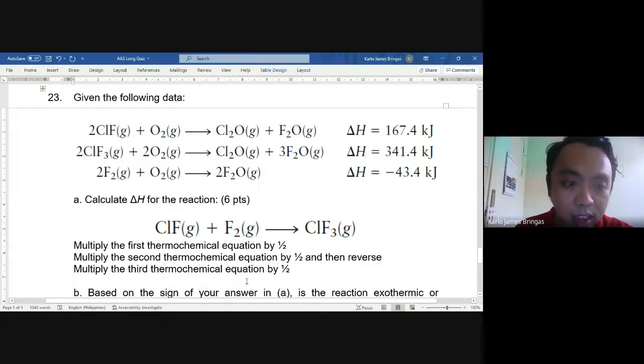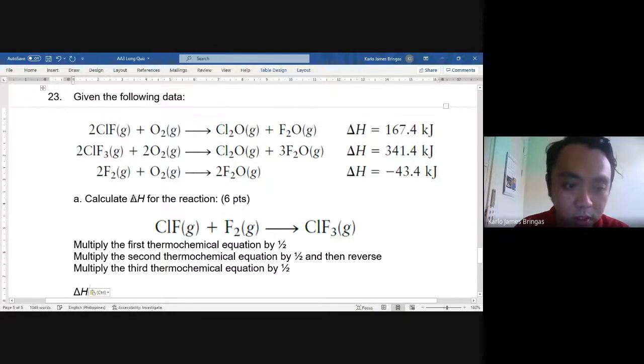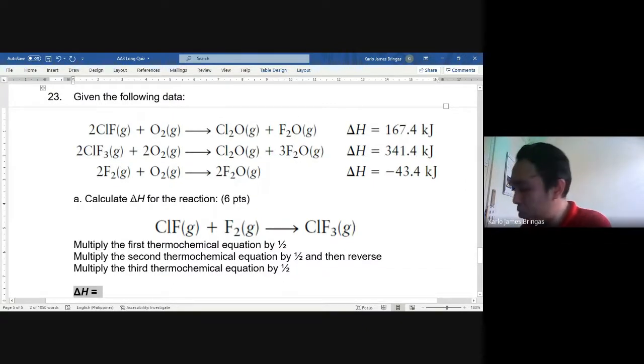Doing that, I should then be able to compute the value of my delta H. For this one, I have my delta H value. Let me compute it very quickly.